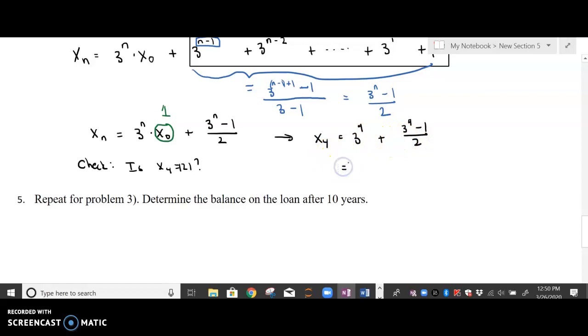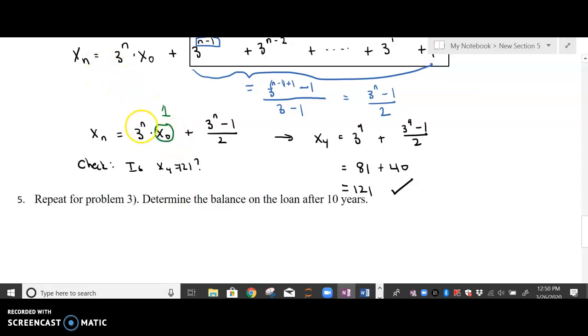So 3 to the 4th is 81, plus 3 to the 4th is 81, minus 1 is 80, 80 divided by 2 is 40, and 81 plus 40 is 121. Notice how we were able to get the 4th term in the sequence without having to iterate through x_0, x_1, x_2, x_3, x_4.